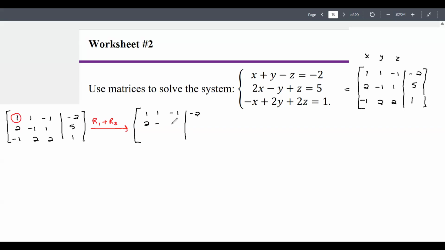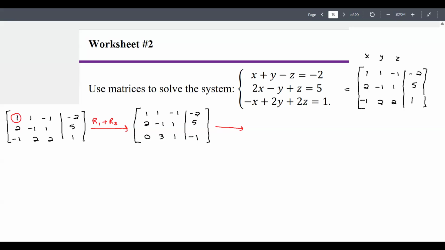We'll have 2, -1, 1 equals 5. So 1 plus -1 is 0. 1 plus 2 is 3. -1 plus 2 is 1. And -2 plus 1 is -1.